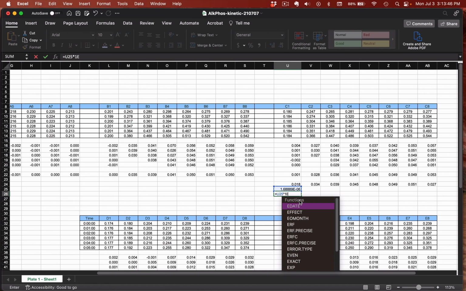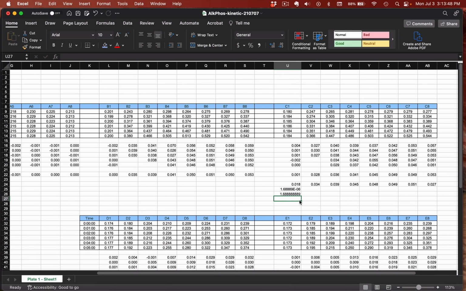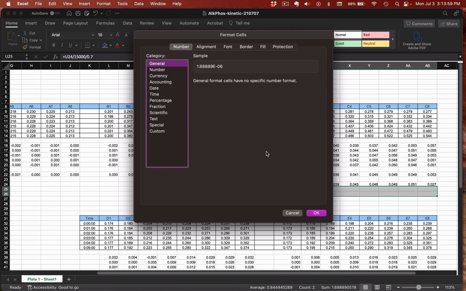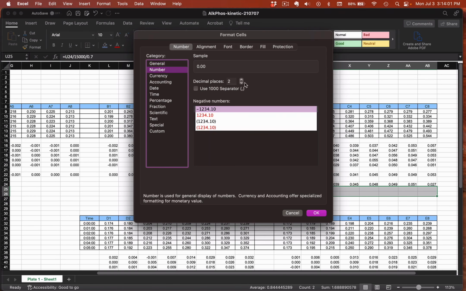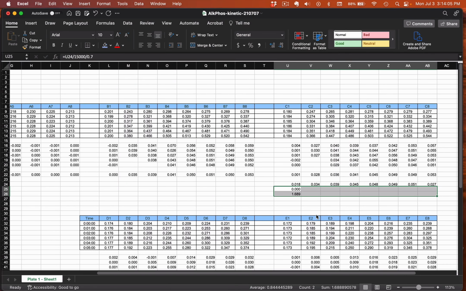That actually gives me a nice whole number there. And once again, I'm going to format this so that we only have 3 decimal places, so that the cells don't get ridiculously big.